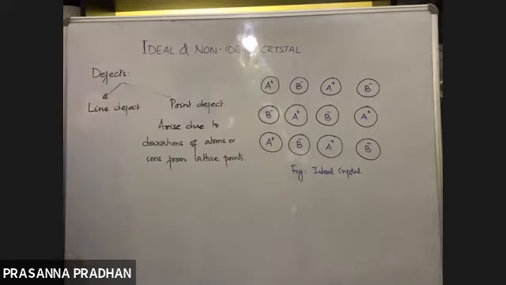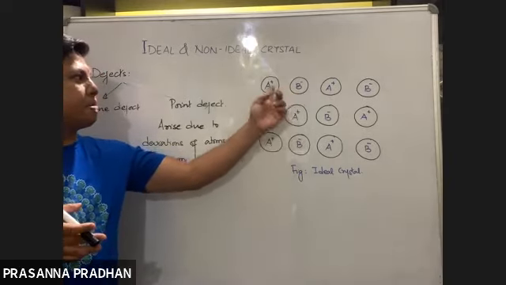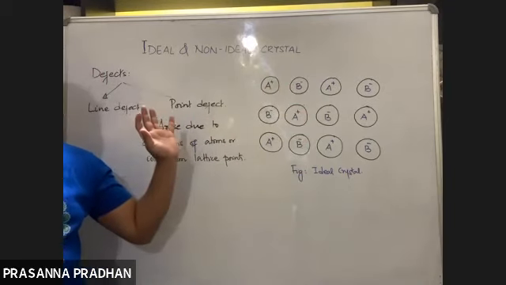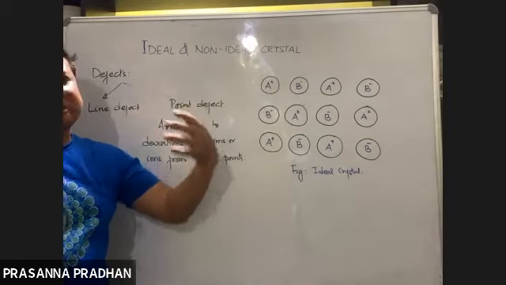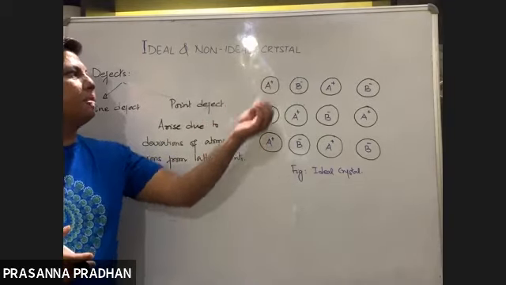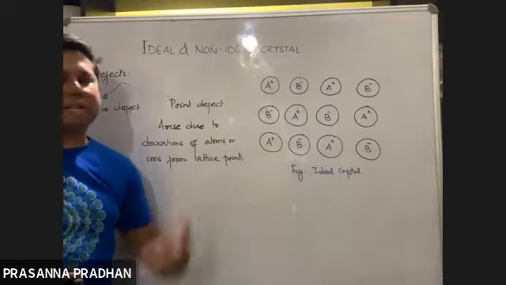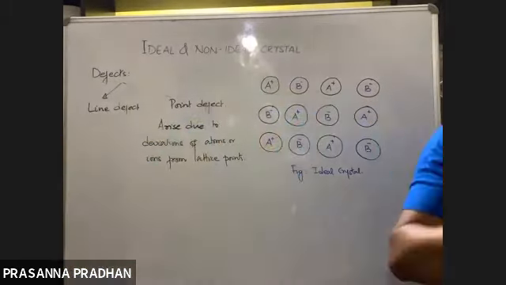Suppose this is a lattice point. A lattice point means a point occupied by atoms or ions. Something is missing, something is not there, or some other particles are present. So the defects which arise due to lattice points are known as point defects.